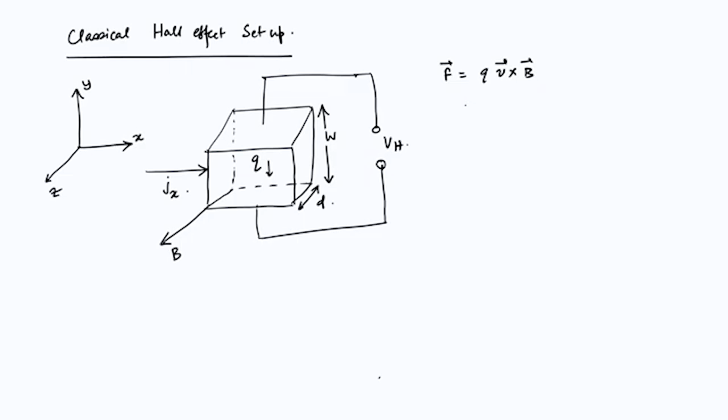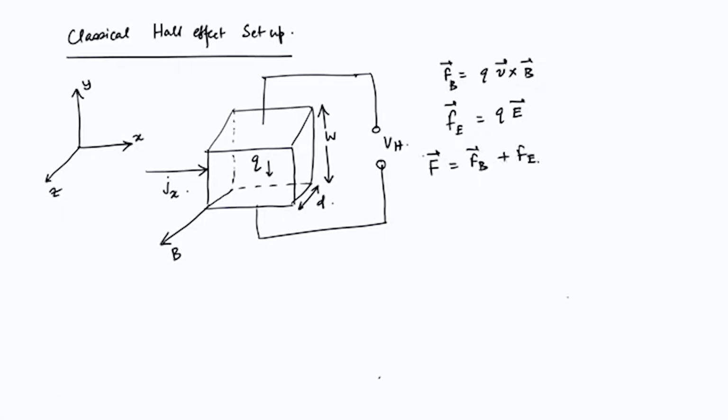So what it means is that there is a Q V cross B, that is the Lorentz force due to the magnetic field, but there is also a force in the direction of the electric field. So the total force is equal to F_B plus F_E.